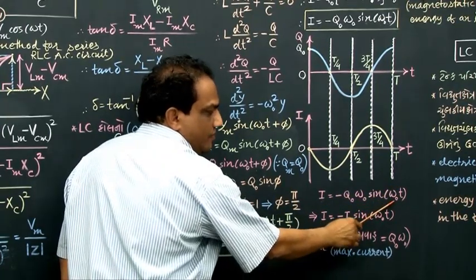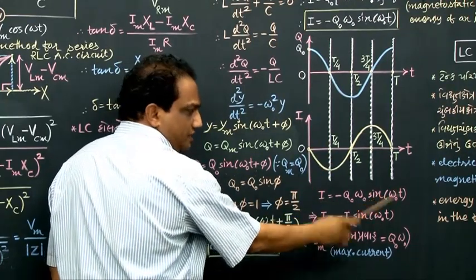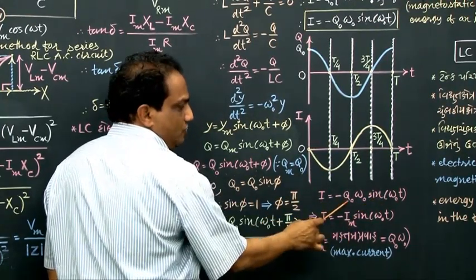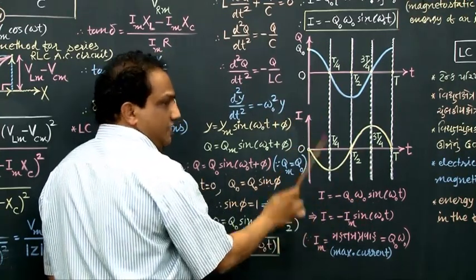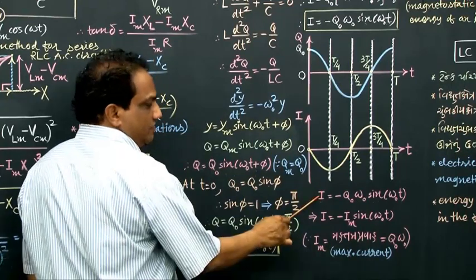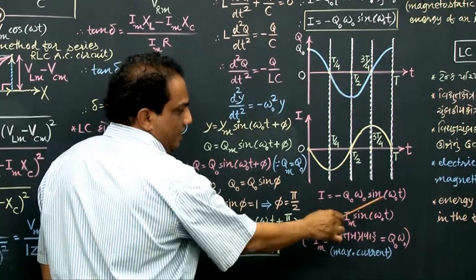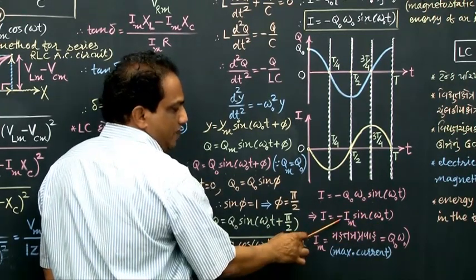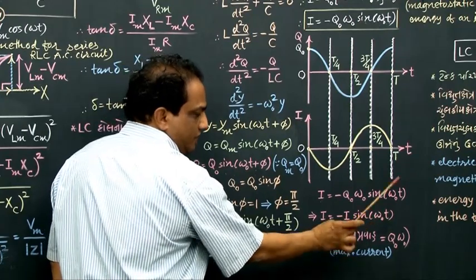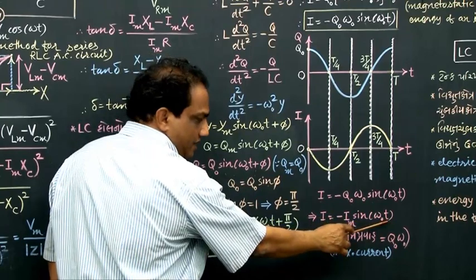Then sin pi by 2 will be 1, which means the maximum value of the sine function, correct? And 1 into minus Q0 omega 0, that is minus Q0 omega 0, indicates Im, the maximum value. So the maximum value of this current is this part, let it be Im. And I equals minus Im sine of omega 0 t. This is the current through the inductor at the end of t time.